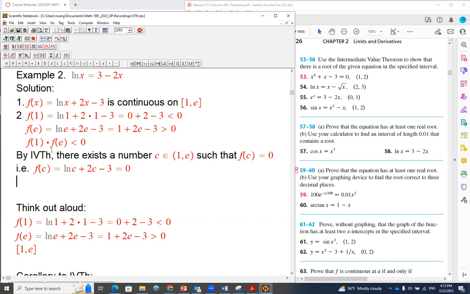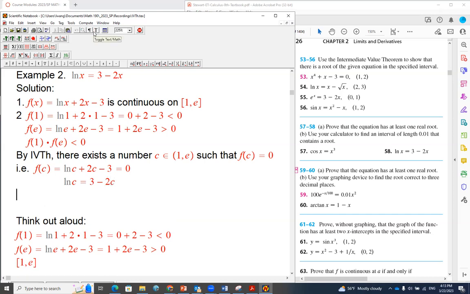If you transform that, we easily get ln C equals 3 minus 2C, which matches the given equation. And we know there's a solution between 1 and e inside that interval. And we're done.